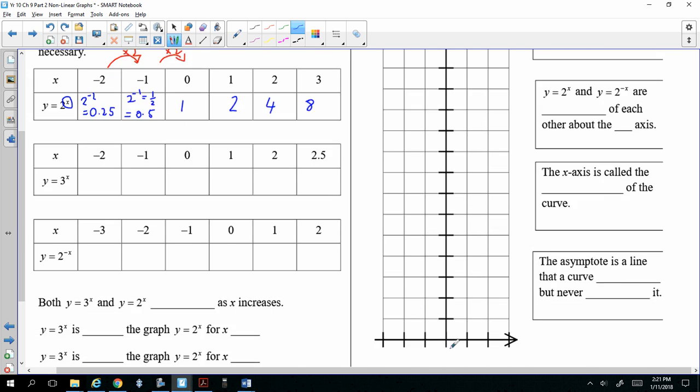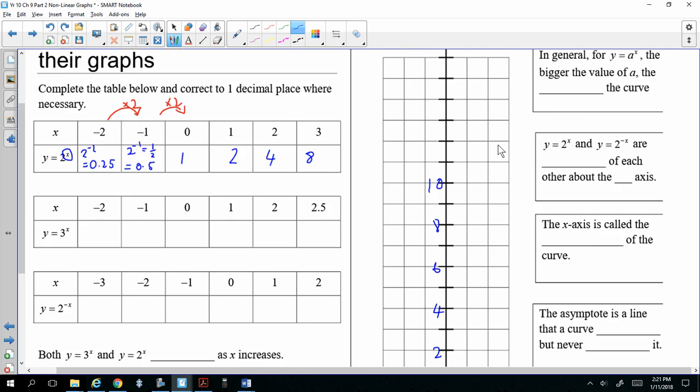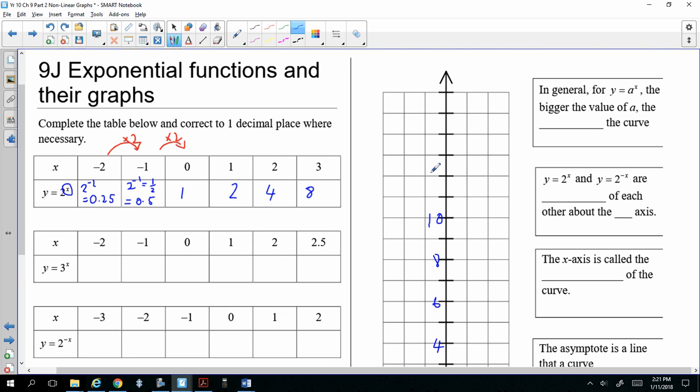So starting with 0, 1, 2, 3, -1, -2, -3. And then we've got 2, 4, 6, 8, 10, 12, 14, 16. Then we're going to plot these points.